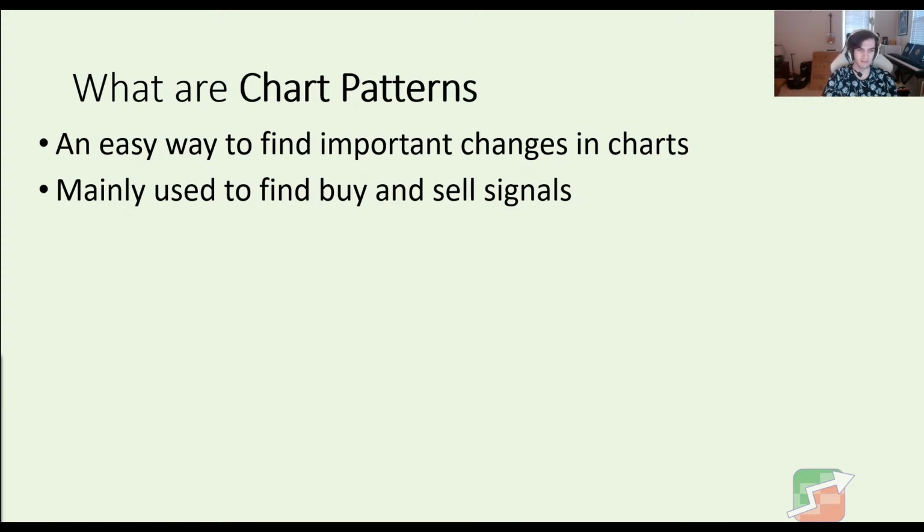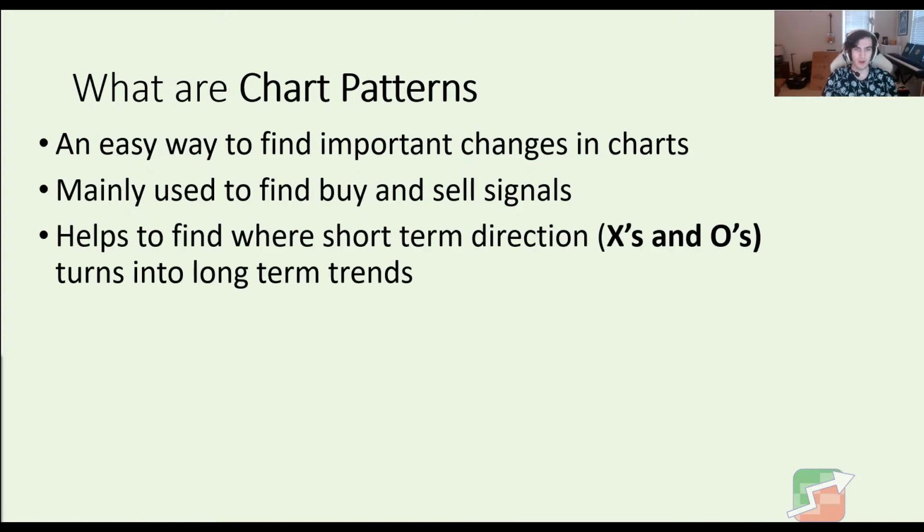So, let's talk about this. Our buy and sell signals will be where our short-term direction, which is the column of X's or O's that we're currently in, turns into long-term trends. Or it is when something new happens, something important happens.